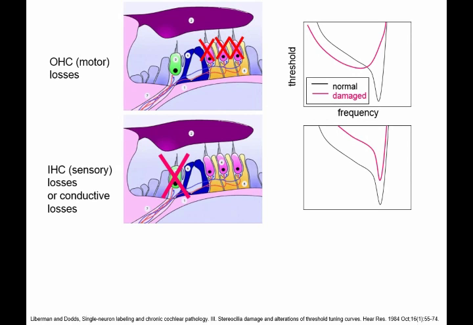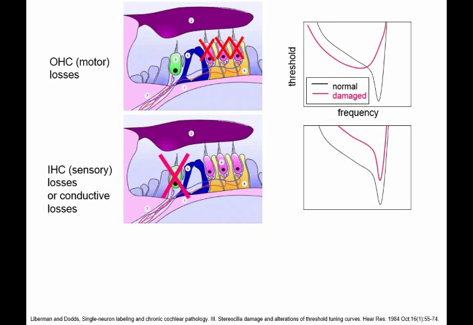If I lose the outer hair cells, the frequency response looks more like the red line here. So we shift it upwards by about 40-50 decibel, and it becomes much wider, as opposed to this tail here at the bottom. This is where we actually get our frequency selectivity from. We haven't got that here anymore.